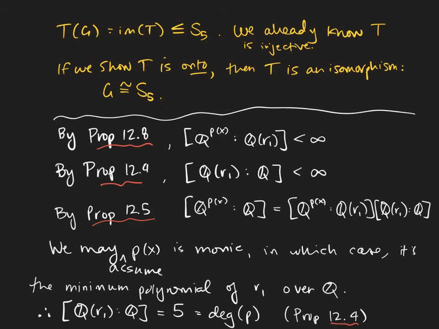Okay, now, big shout out to Cauchy here. We'll see why in a second. What we just established is that 5 divides the order, or the dimension, of the vector space Q adjoin the roots of P of X over the field Q, which is equal to the size of our Galois group.